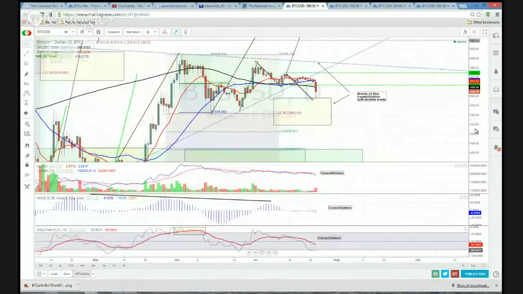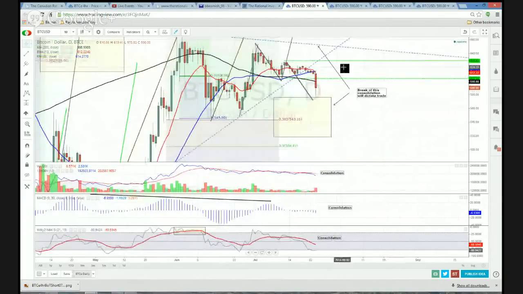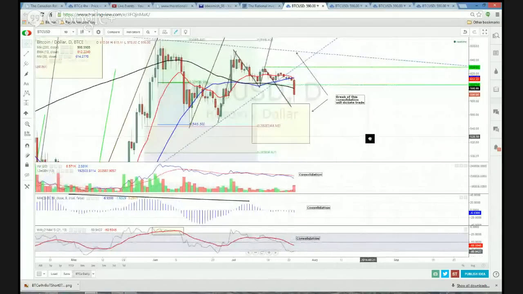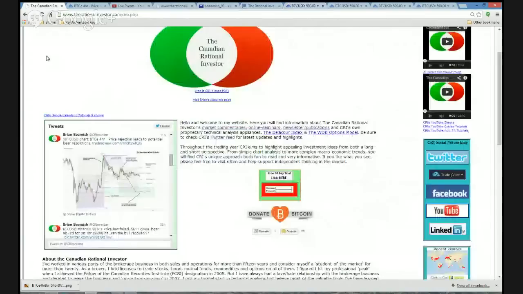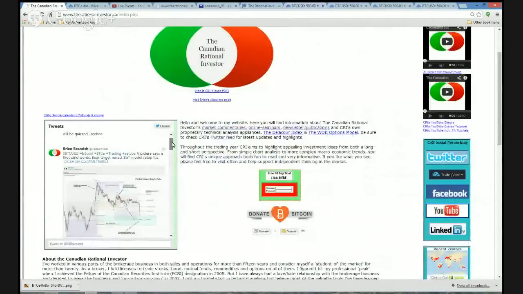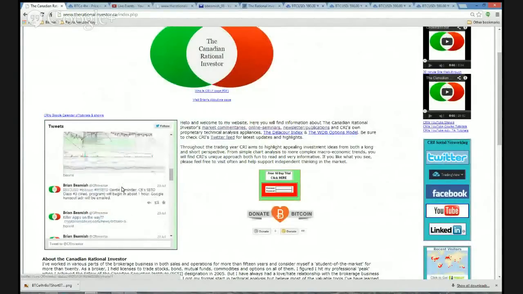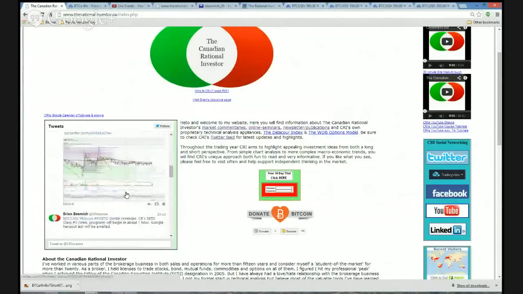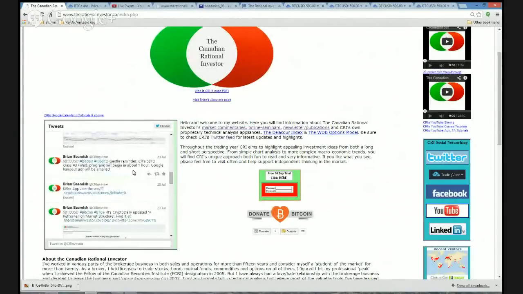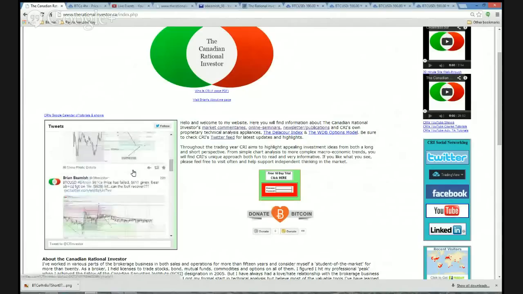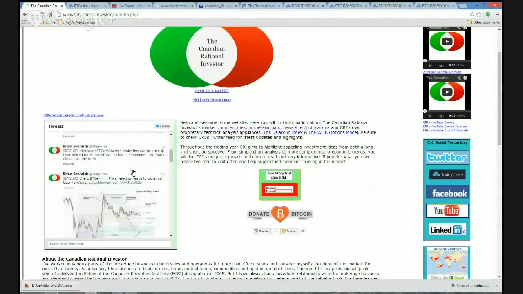Of late, I've been pointing out that we've been range bound between these 2 green bars. The failure yesterday, I pointed out on the Twitter feed, lots of heads up about price failing. I did the hourly chart fail, and then as the price actually did break, I was tweeting away about that.